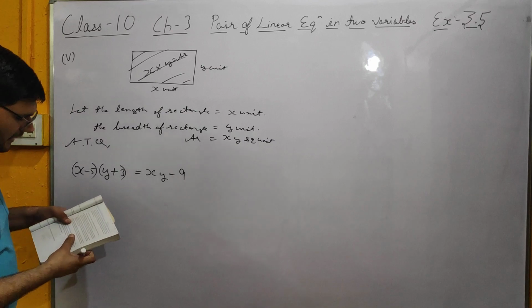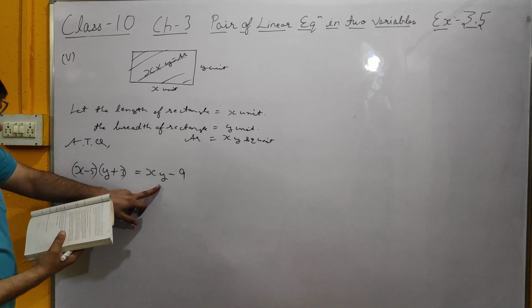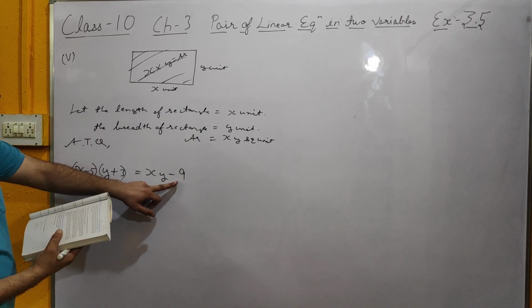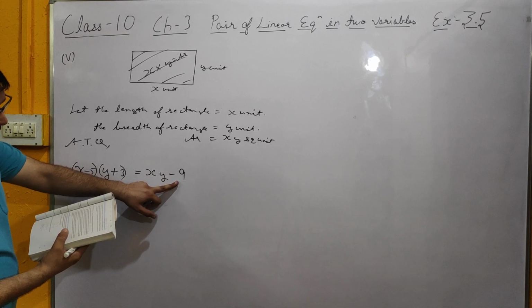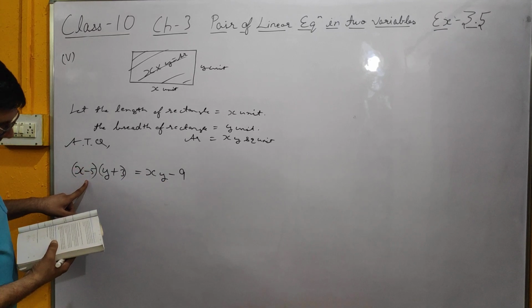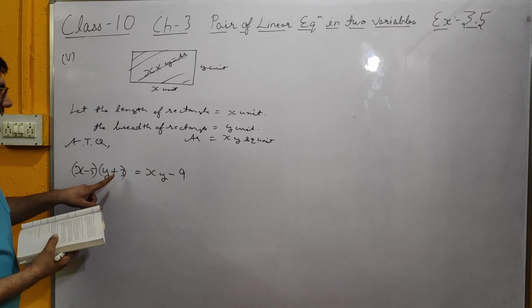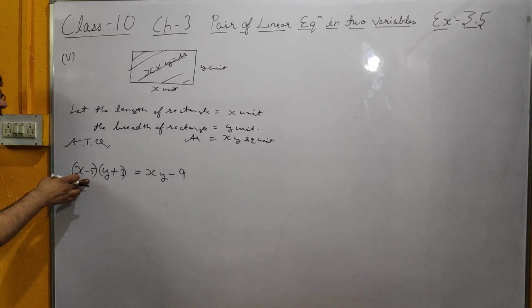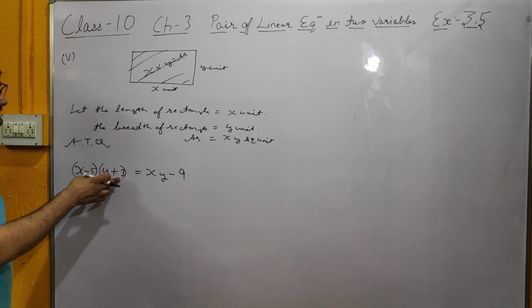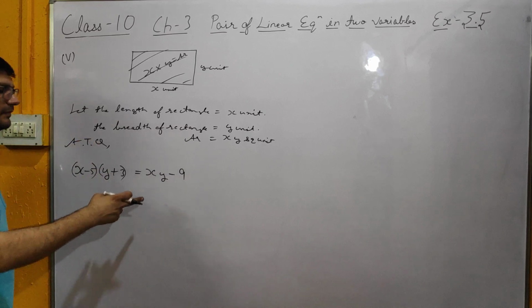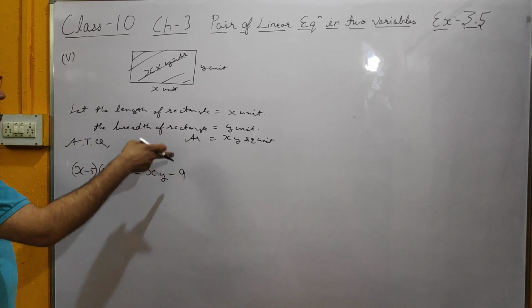Again I'm repeating: the area of the rectangle is reduced by 9 if the length is reduced by 5 and the breadth is increased by 3. Still, the area is decreasing.